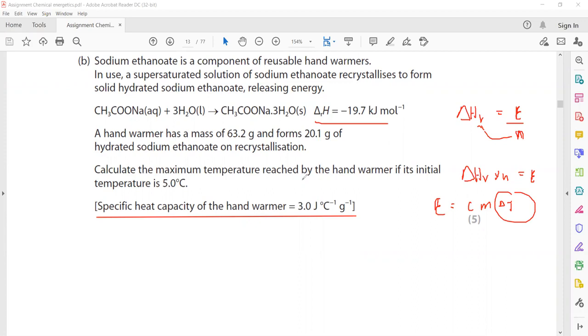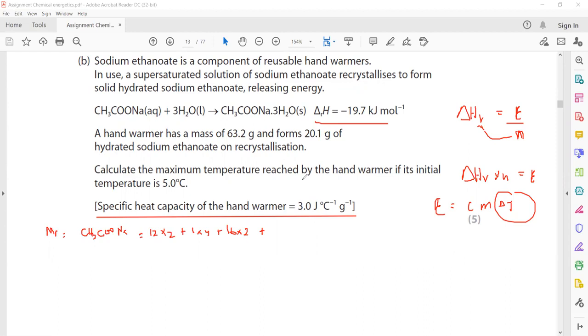So the steps here: first we are finding the molar mass of sodium ethanoate. That is CH3COONa. So carbon is 12 multiplied by 2, plus hydrogen is 1 multiplied by 4, plus oxygen is 16 multiplied by 2.